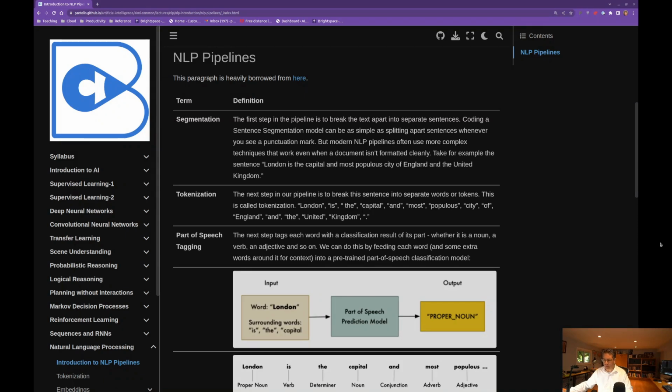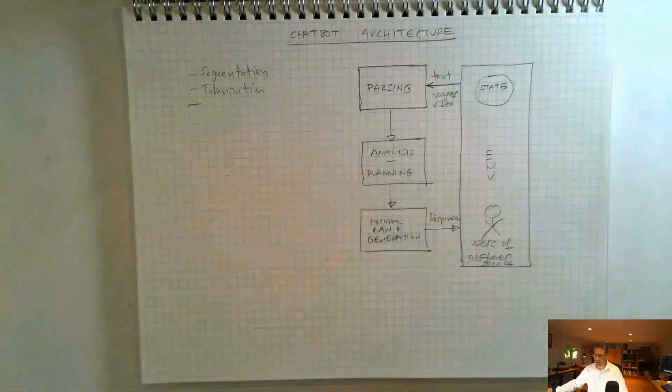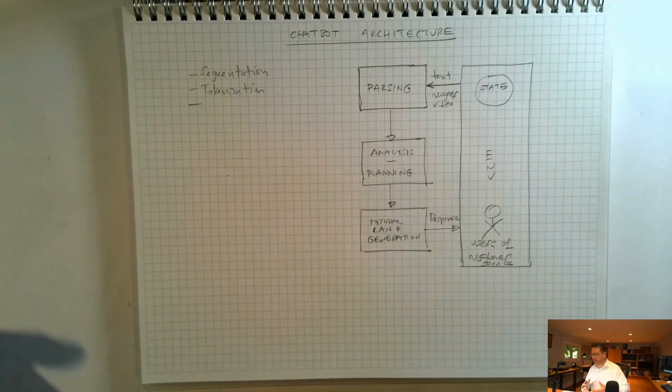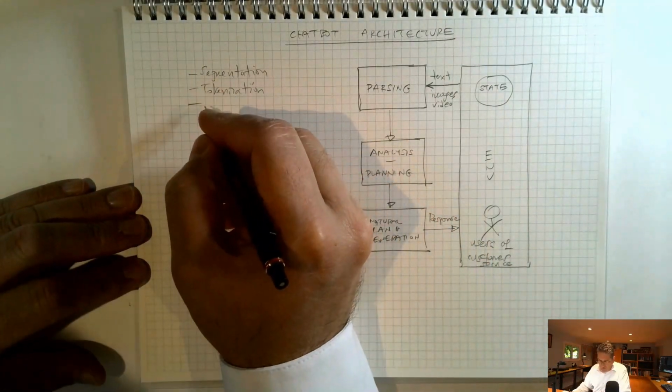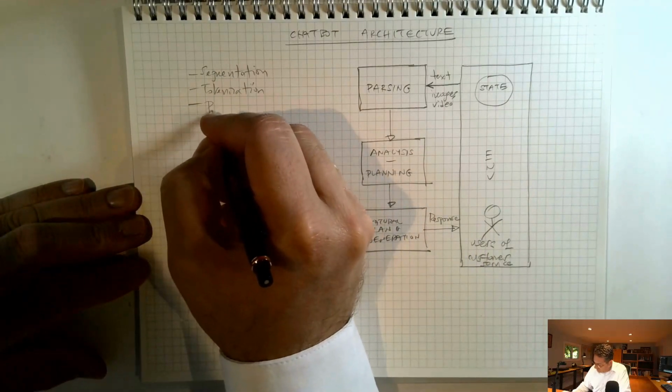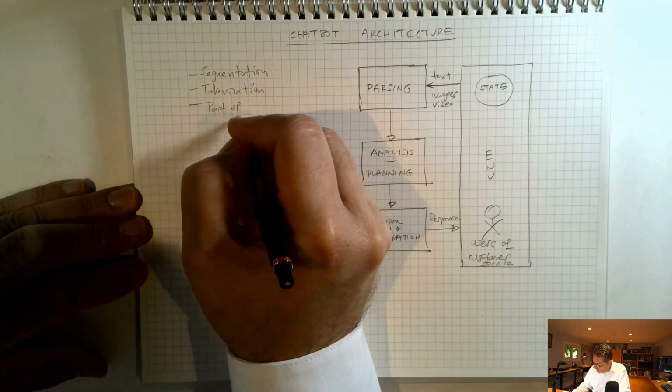Then we have other stages that are helping us understand what is being typed. One of them I wanted to mention is the so-called part of speech tagging.